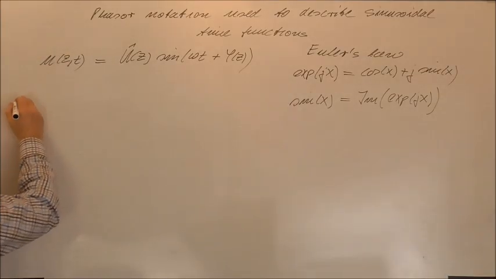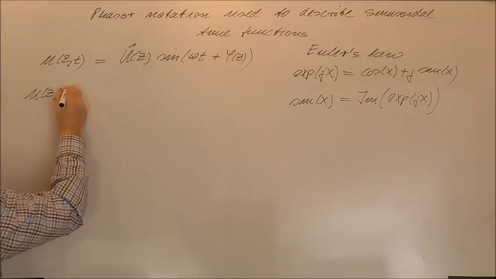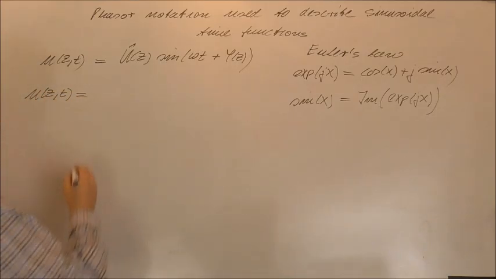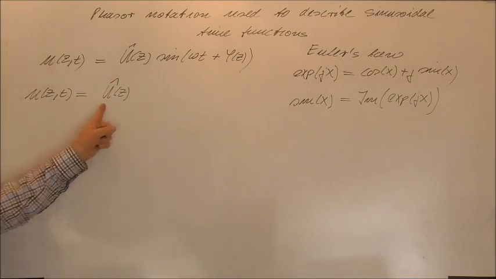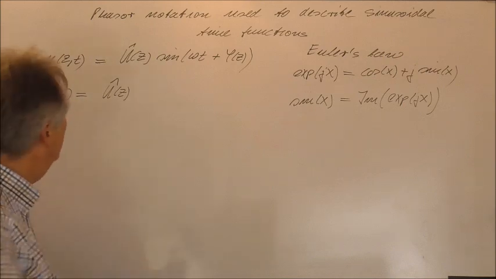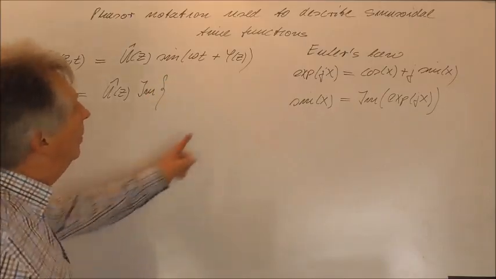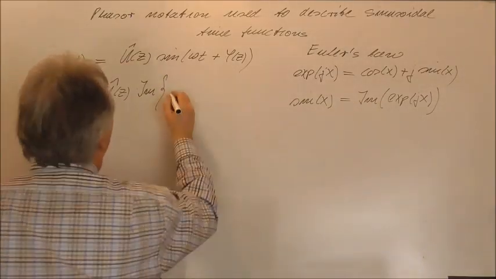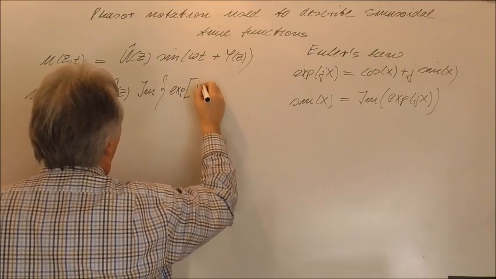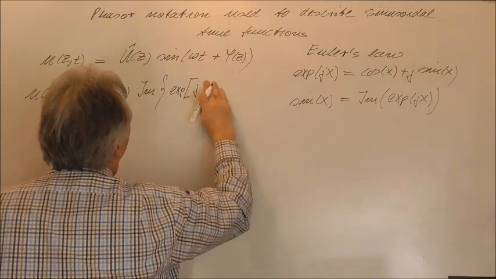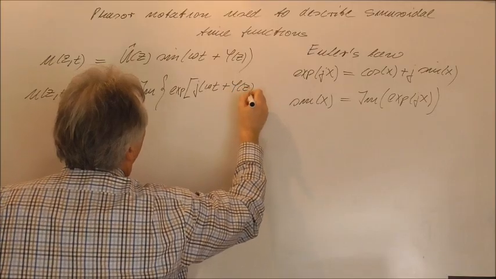So what we can say now is that the voltage as a function of space and time can be written as u of z, so this is an amplitude. Of course, an amplitude is always positive, this we will use later, times the imaginary part of the exponential function, and we have to write here the exponential function of j, open bracket, omega t plus phi of z.